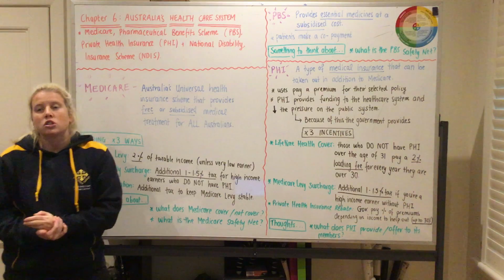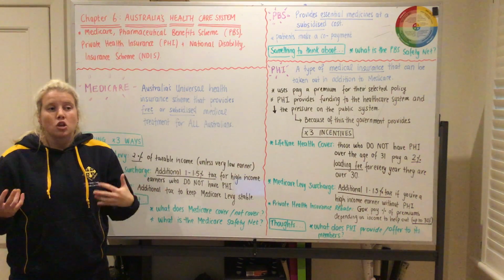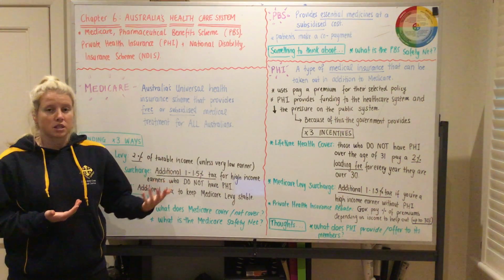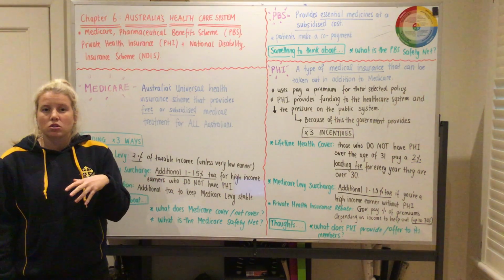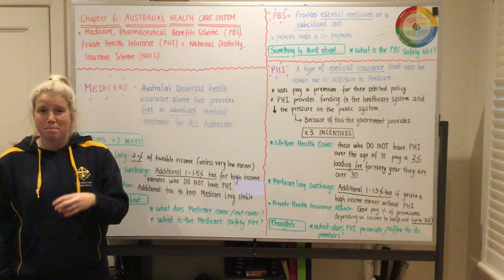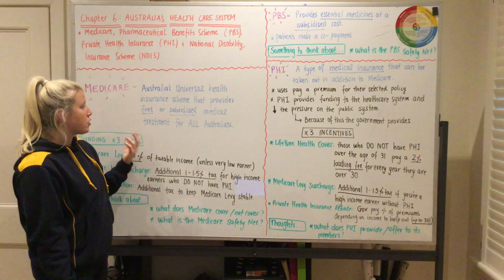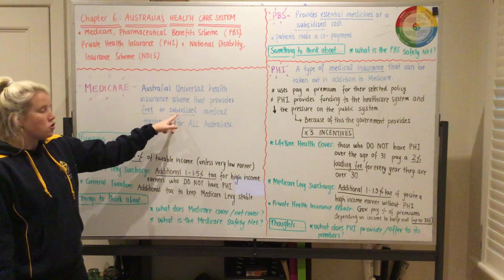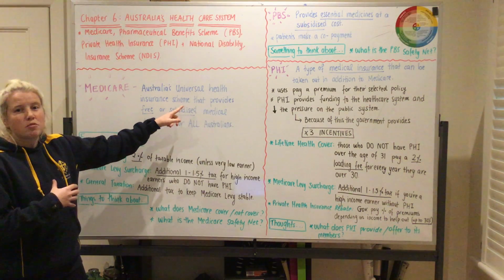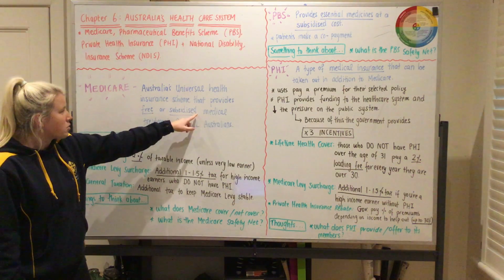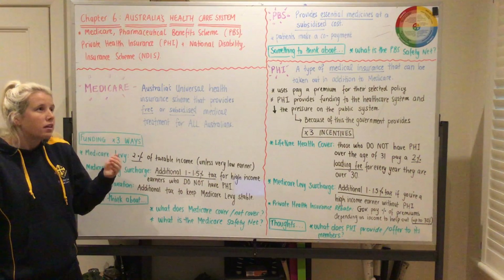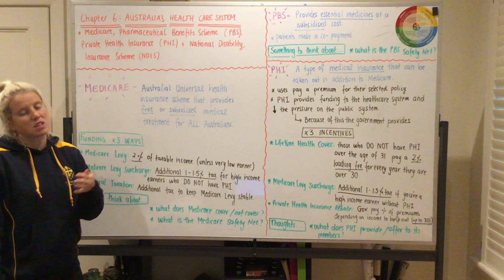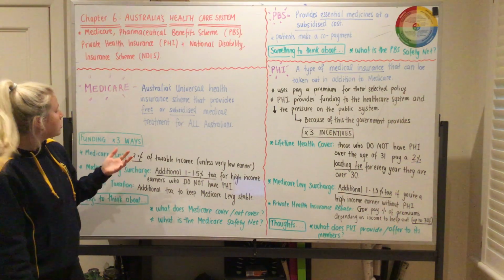Say your doctor charges $60, you might be out of pocket initially $60, and then you might get a payment back from Medicare of that $37.60. So you've paid some and the government has paid some. That's what we mean when we talk about something subsidised. It's at a lesser expense or a cheaper price.